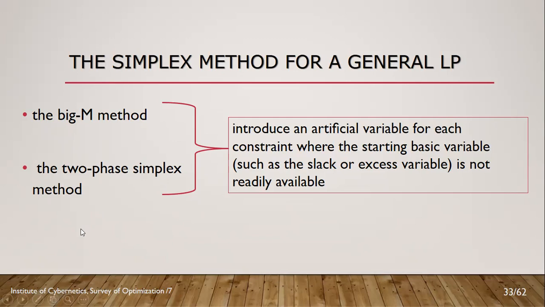Both methods are based on a similar idea of introducing an artificial variable for each constraint where the starting basic variable, such as the slack or excess variable, is not readily available.